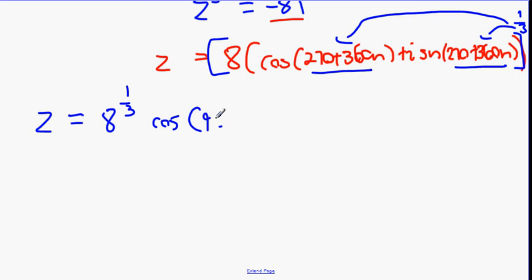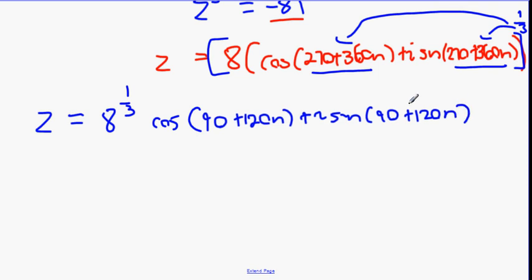So it's going to be cos of 90 plus 120n, plus i sin of 90 plus 120n, and 8 to the power of a third in the calculator is 2. So this is our new function here.